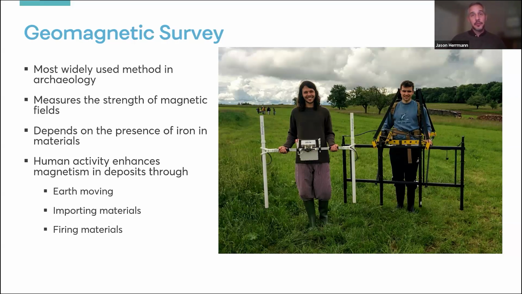Anything that's organically rich, like topsoil, manure, anything like that, is going to be enhanced with iron. And when we pile those things up, we'll have a stronger magnetic signature. Conversely, if we were to remove topsoil from an area, then we would have a lower magnetic signature, and that would show in contrast with maybe neighboring areas.